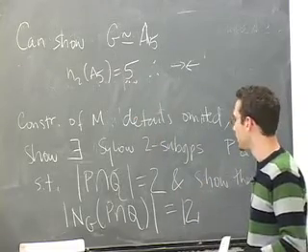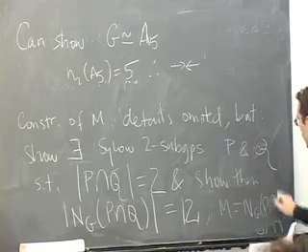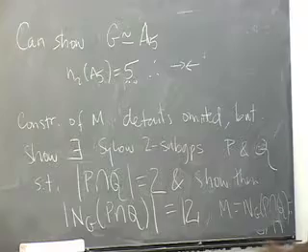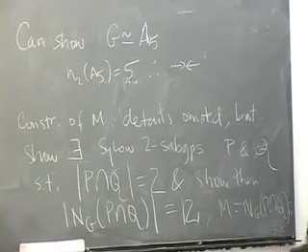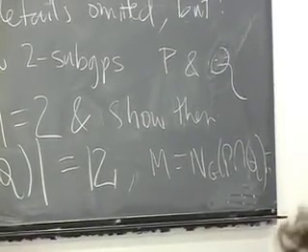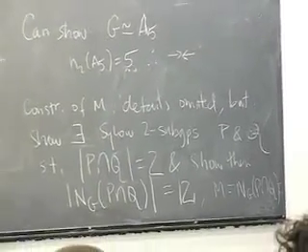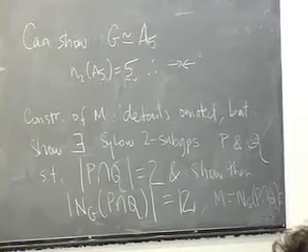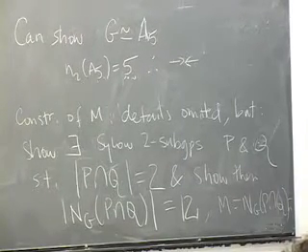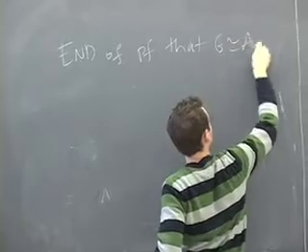So M is equal to the normalizer of P intersect Q in G. OK. So that's great. This shows completely that G is isomorphic to A5. So this finishes the proof that G is isomorphic to A5.